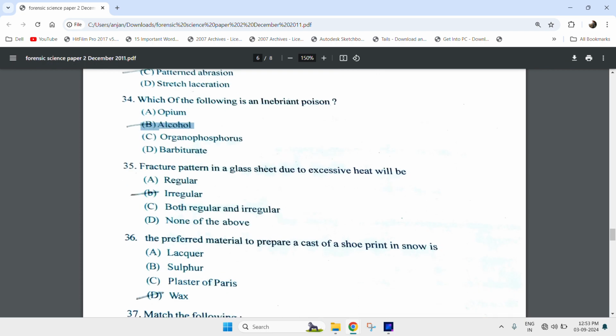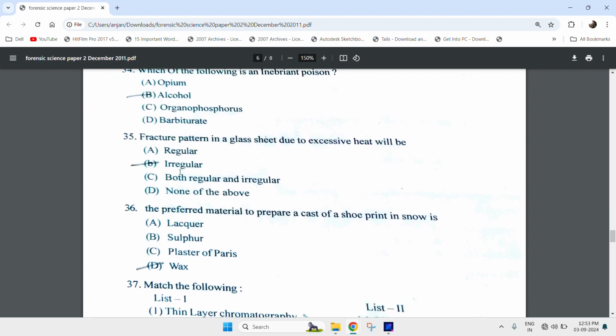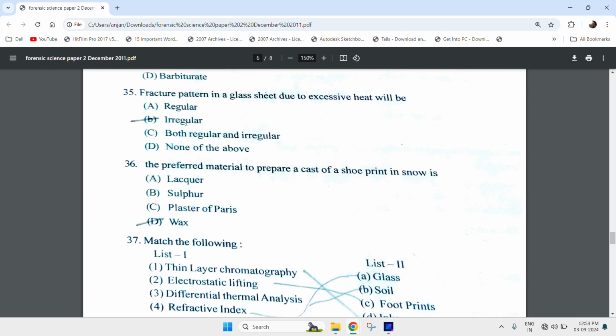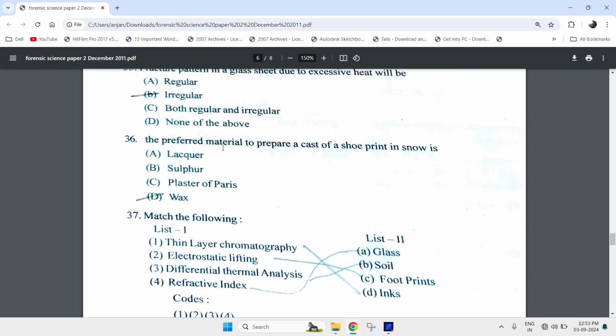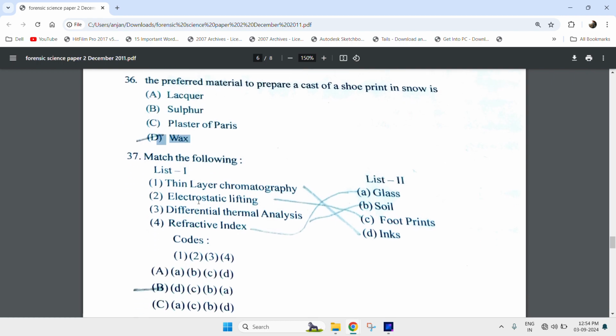Alcohol. Fracture pattern in glass sheets due to excessive heat will be irregular. The preferred material to prepare a cast of a shoe print in snow is wax.